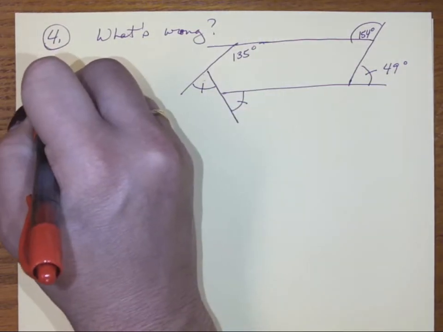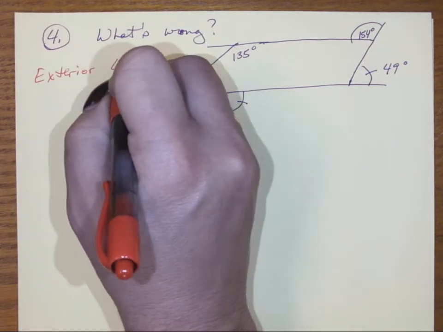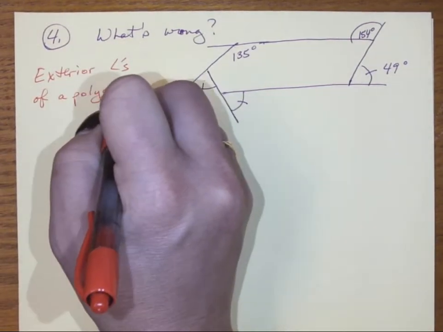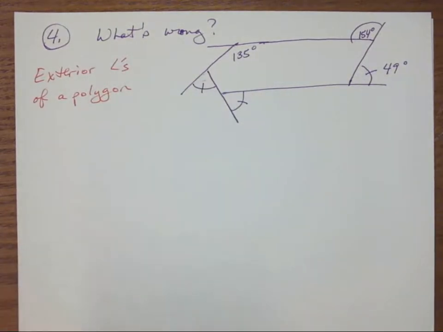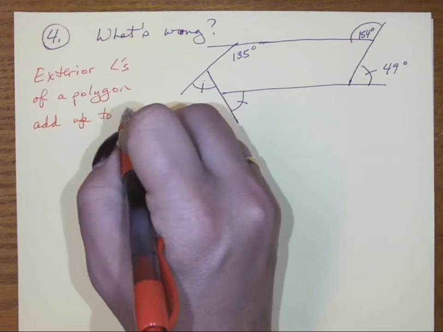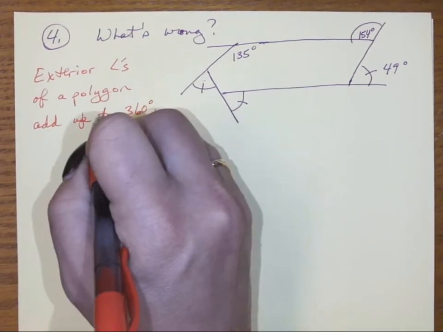So what we need to know is exterior angles of a polygon, and again, it doesn't matter which polygon, any polygon, add up to 360 degrees. It's a circle, right?